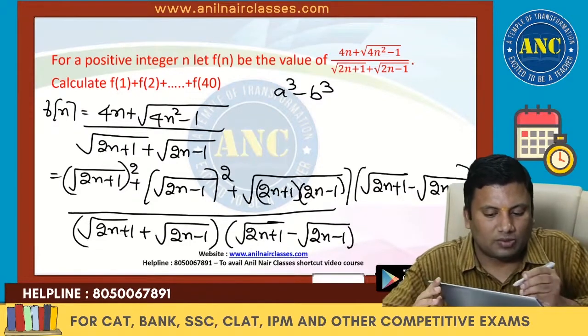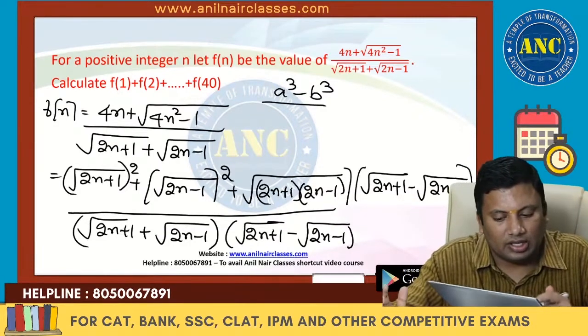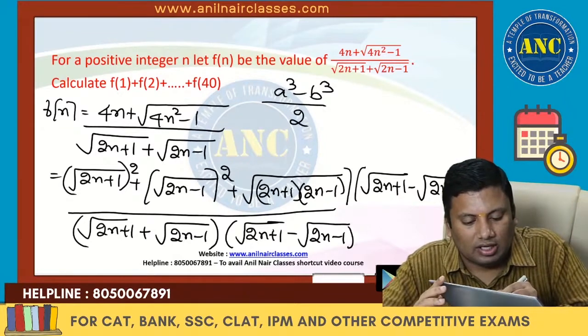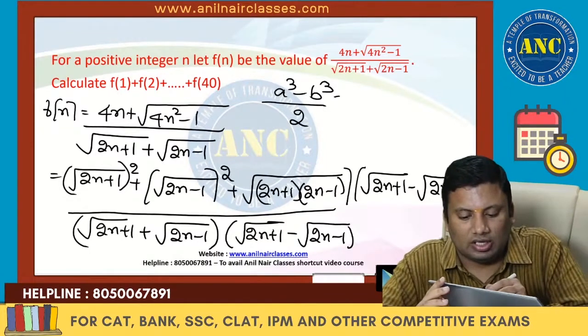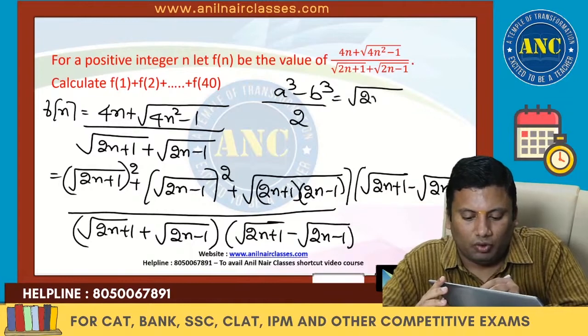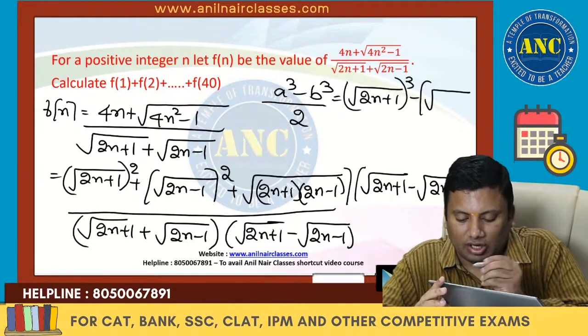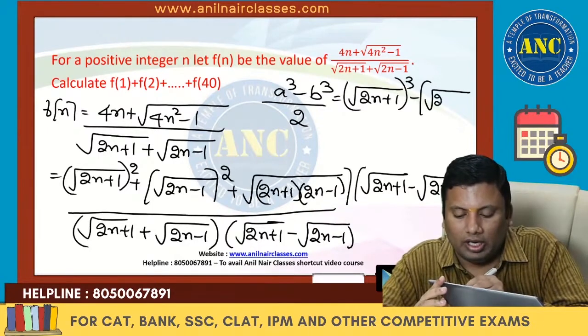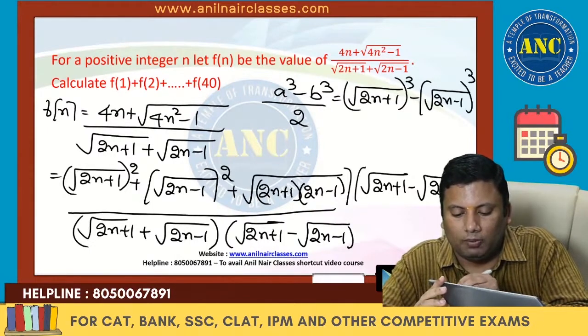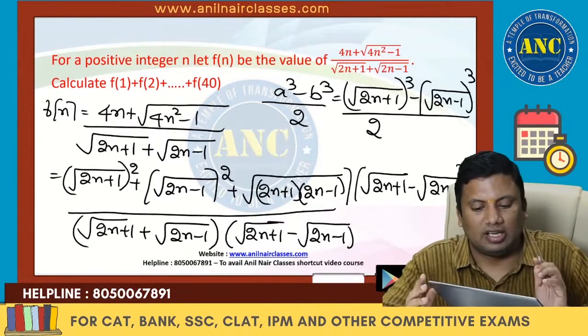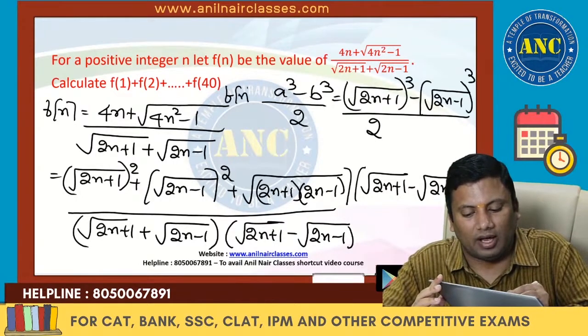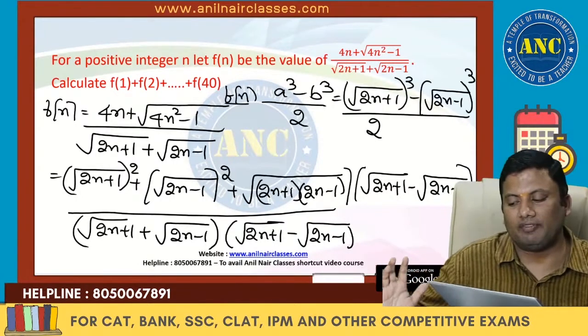Denominator a square minus b square is nothing but 2. So this is nothing but root of (2n plus 1) whole cube minus root of (2n minus 1) whole cube, divided by 2. This is actually the f of n value.